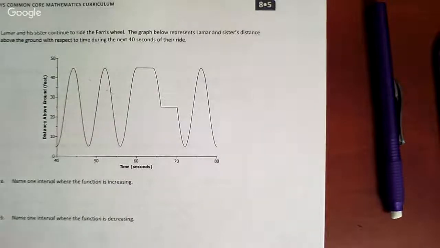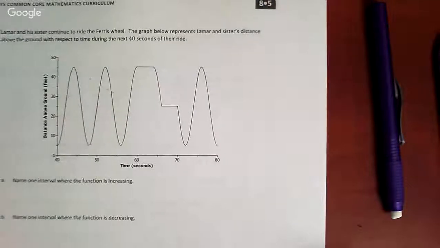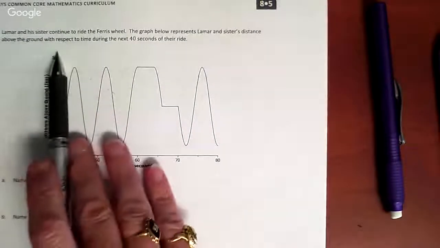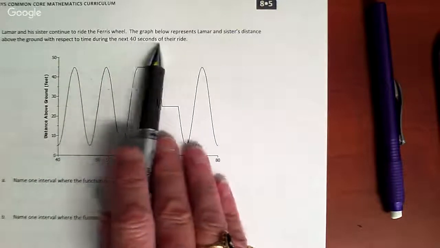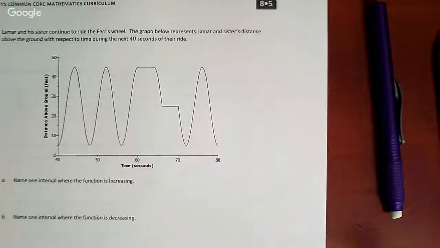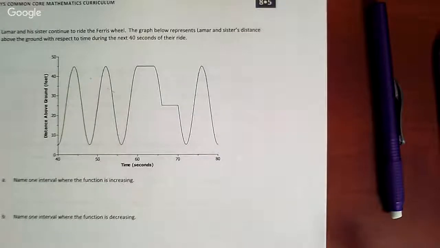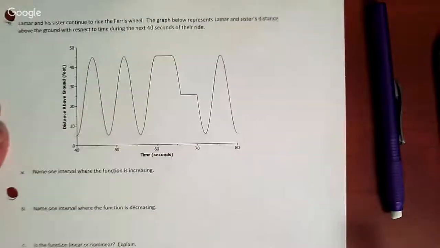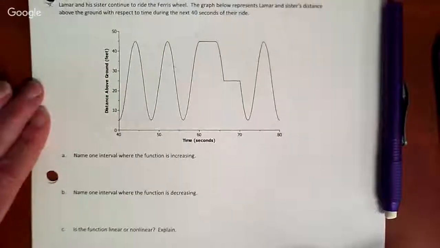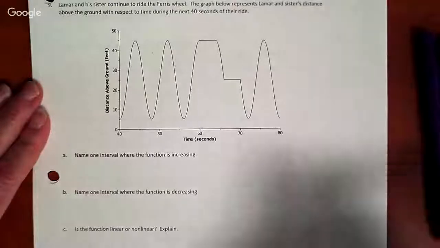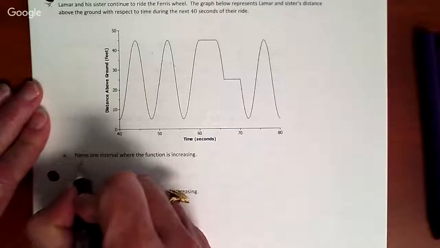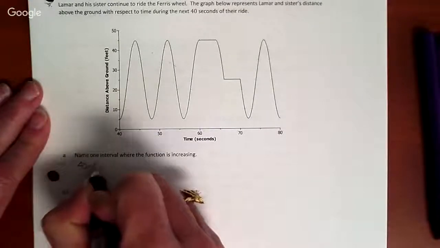It says the graph below represents Lamar and his sister's distance above the ground with respect to the time during the next 40 seconds of the ride. Okay. Now it says name one interval where the function is increasing. Okay. Well, I'm going to name a few of them so that you have this on your review.